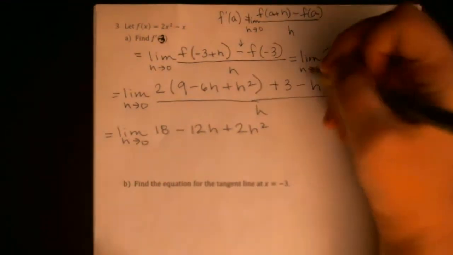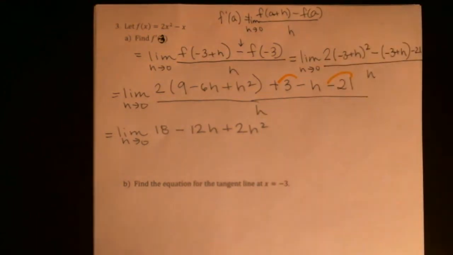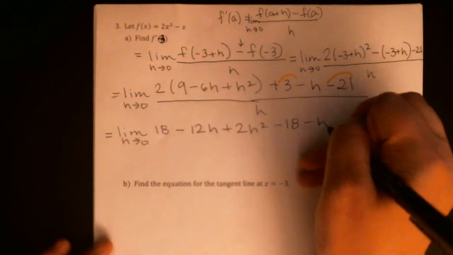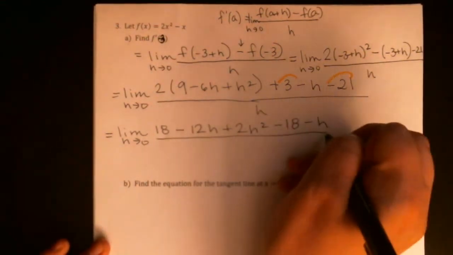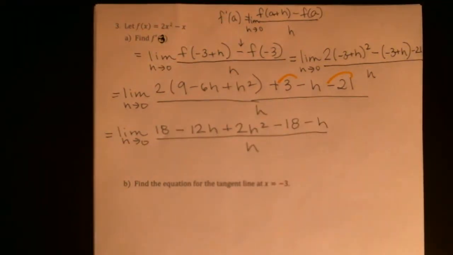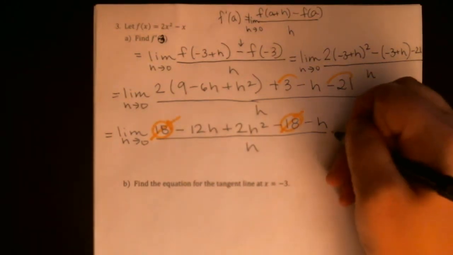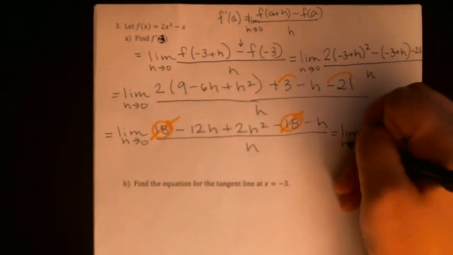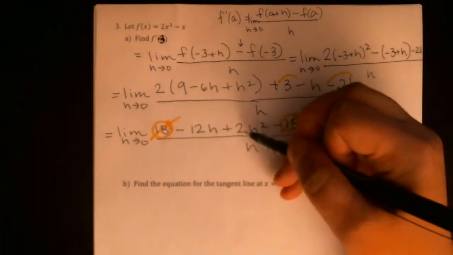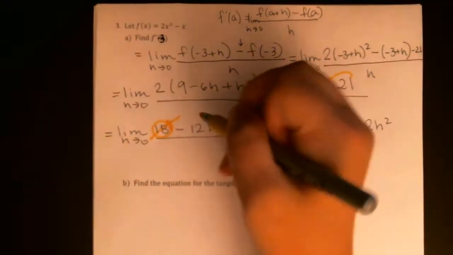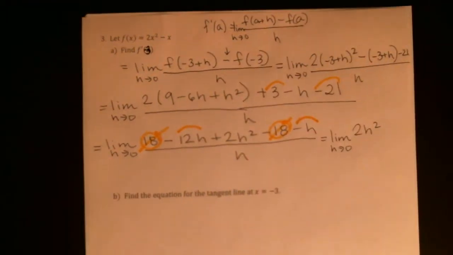And then I'm going to go ahead and do just a little bit of combining here. Let me pick a color so you can see what I worked on. I can combine this. 3 minus 21 is -18. And I still have the minus h. Okay. So a nice thing happens anyway. The 18s drop out. And I'm left with limit as h approaches 0 of the 2h squared minus, I do get to combine 13 h's.